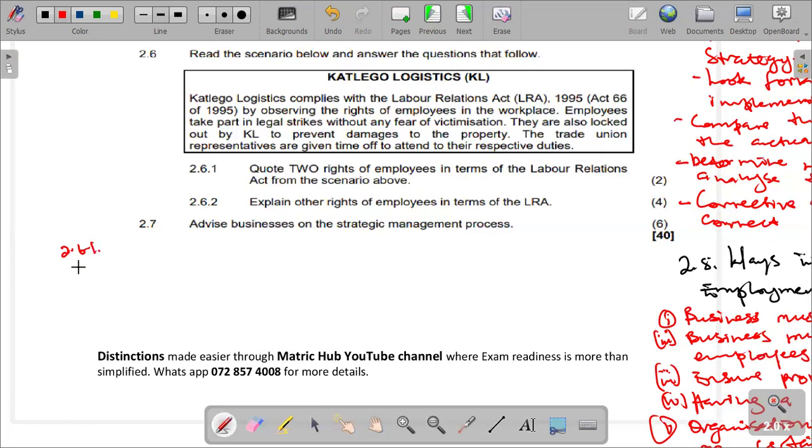Employees take part in legal strikes without any fear of victimization.